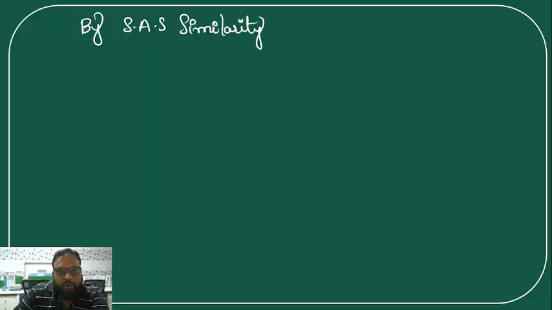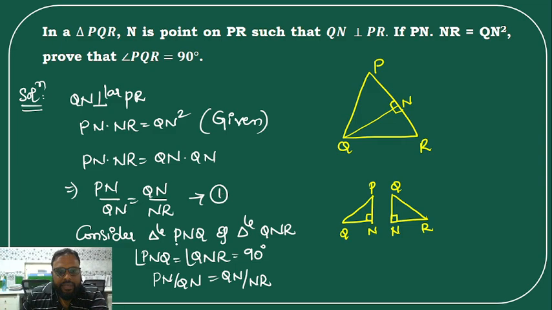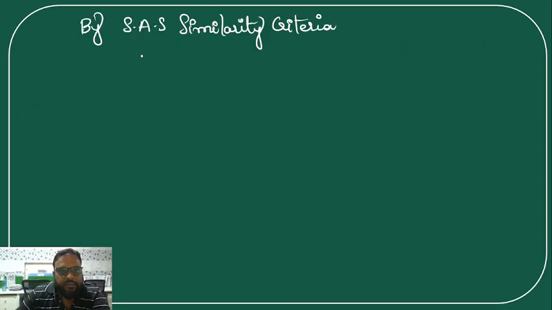So by SAS similarity criteria, I can write triangle PNQ is similar to triangle QNR.